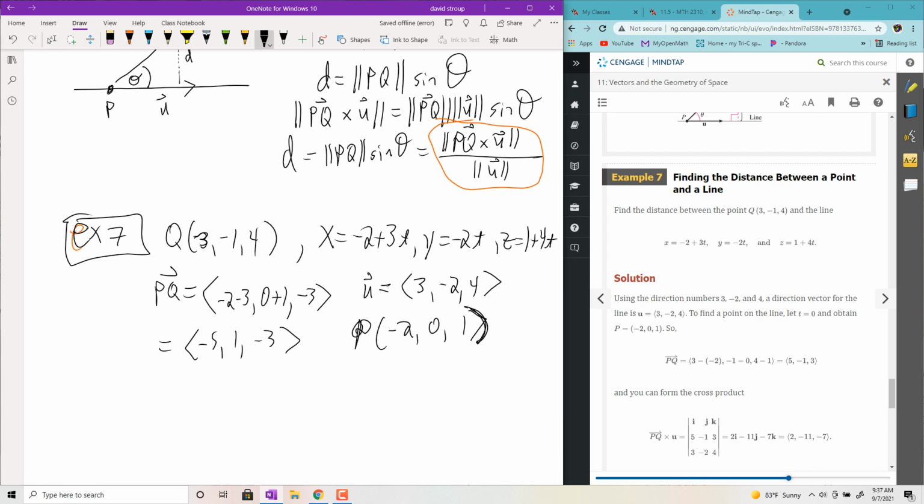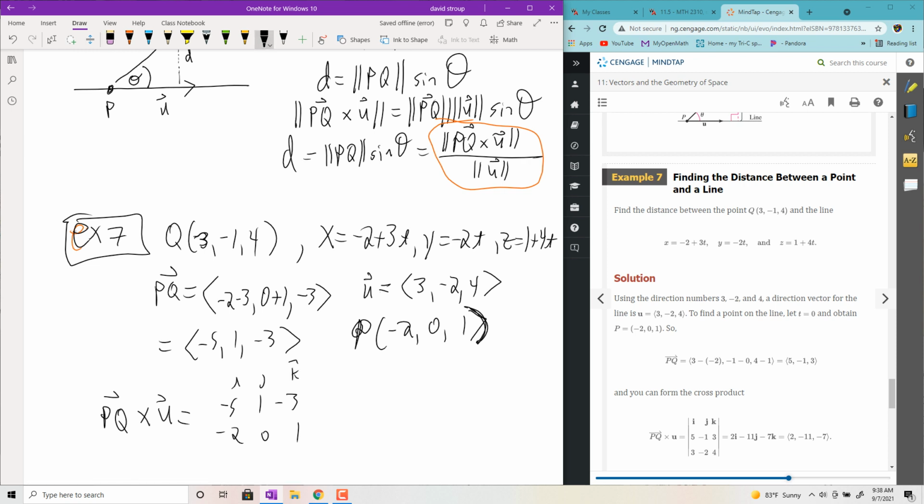So anyways, let's try to get this cross product thingamajig. So PQ cross with u, and we're going to need the magnitude of that eventually, but let's just get PQ cross with u. So it's going to be (-5, 1, -3), and then (-2, 0, 1). So I'm doing a cross product here. I don't need all that jazz.